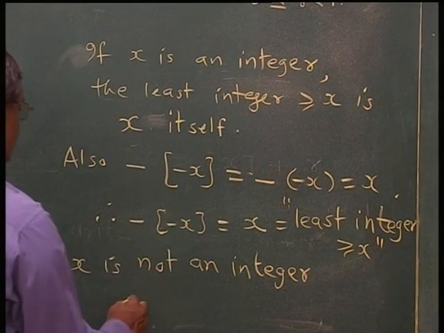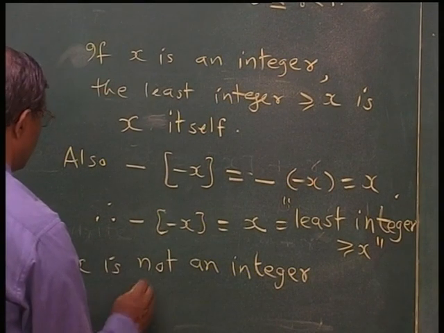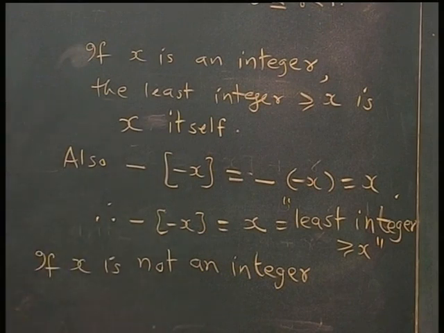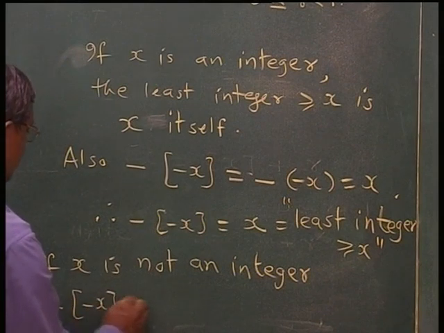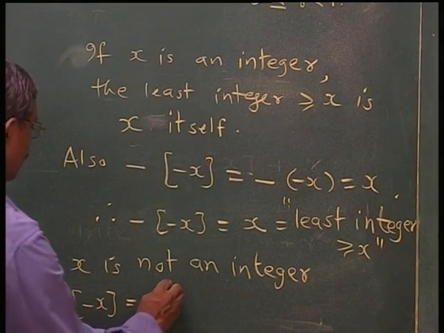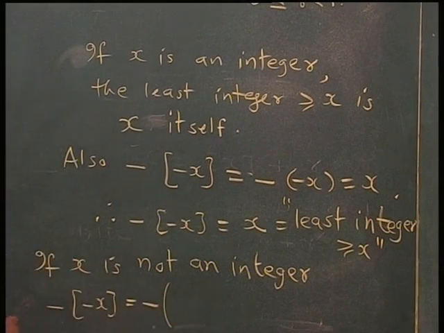So let us write down minus x. In fact, the integral part of minus x we know. So minus of integral part of minus x is equal to minus of, what is this integral part of minus x?